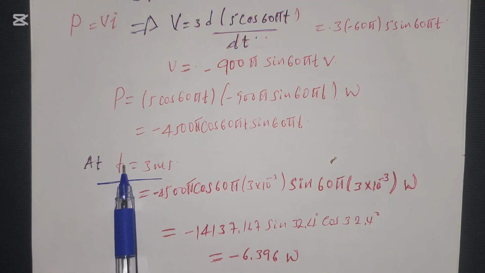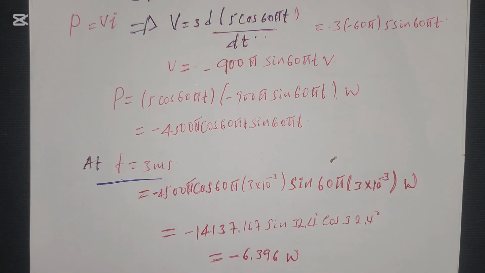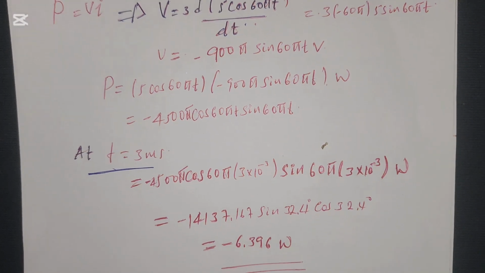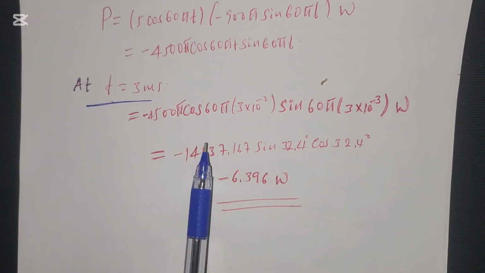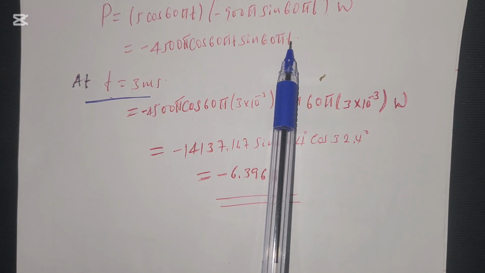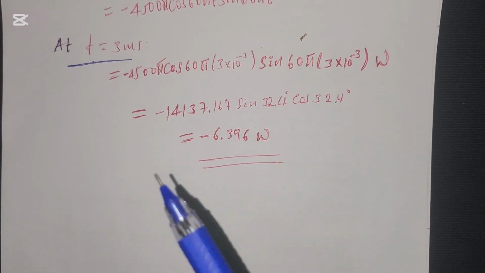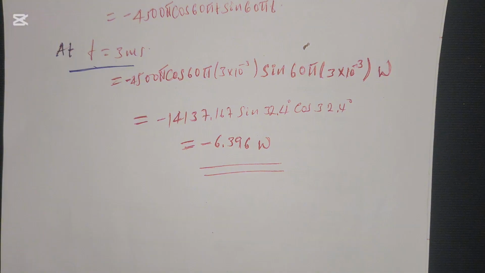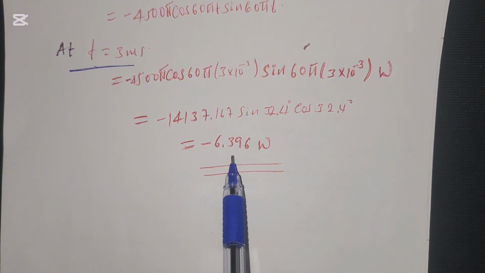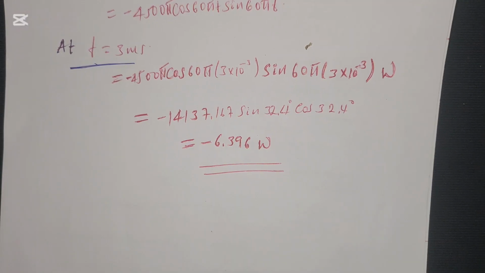We are asked at t equal to 3 milliseconds, so simply inserting 3 milliseconds in place of t. We will find minus 6.396 watts. This is the amount of energy dissipated.